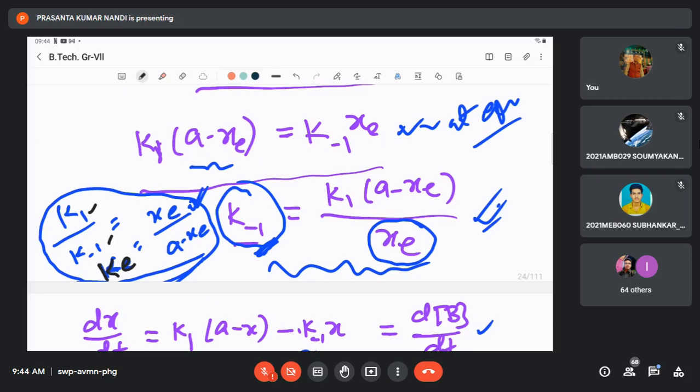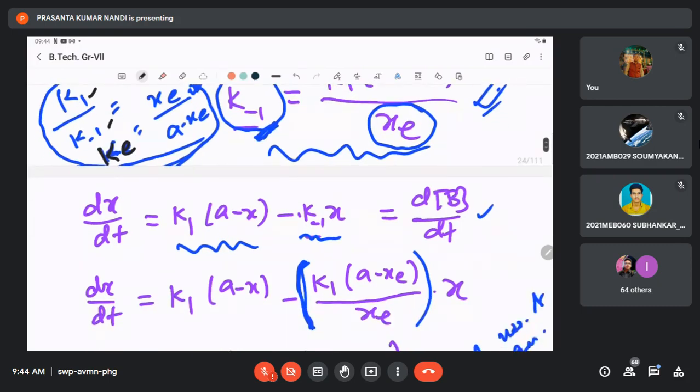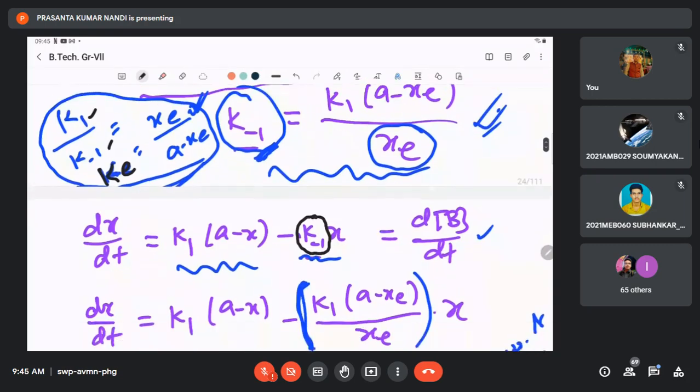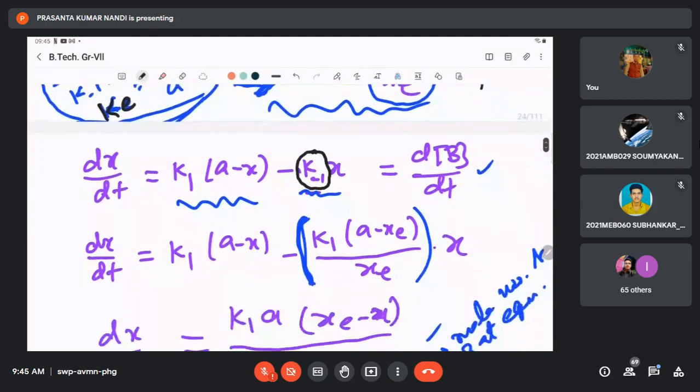Here Ke is the equilibrium constant. Now, what is the rate of formation of B? dx/dt equals k1(a - x) minus, now look, instead of k-1 we put these expressions for k1(a - x) here.